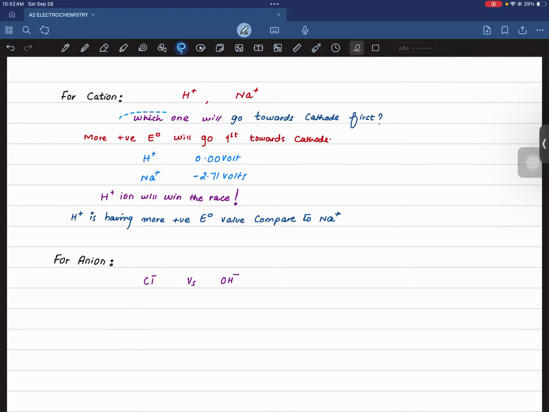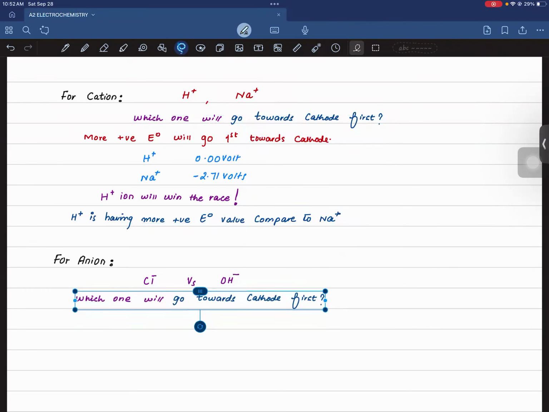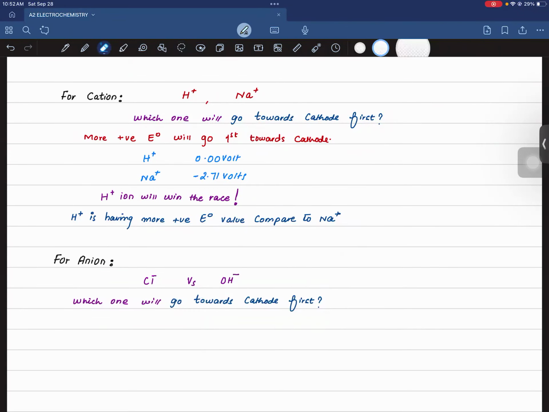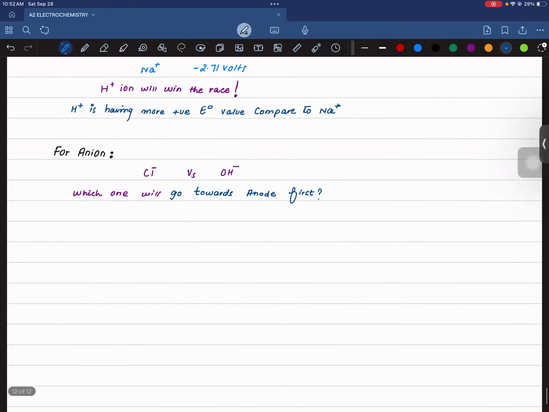So the same question, but they would go towards the anode, not the cathode. So we have to look at the values.